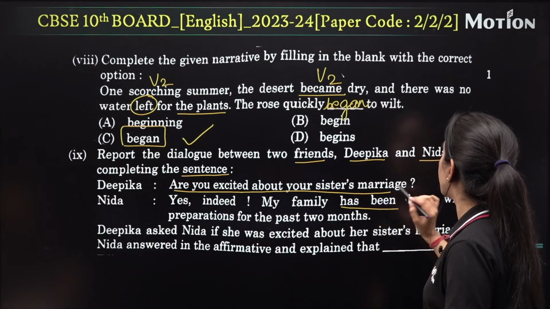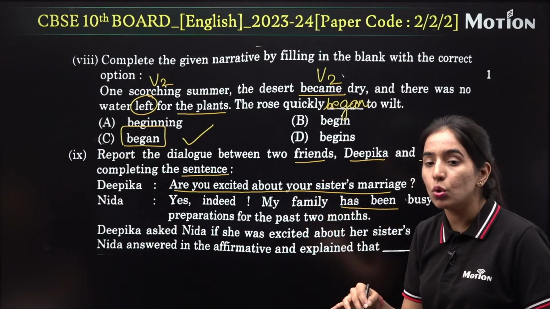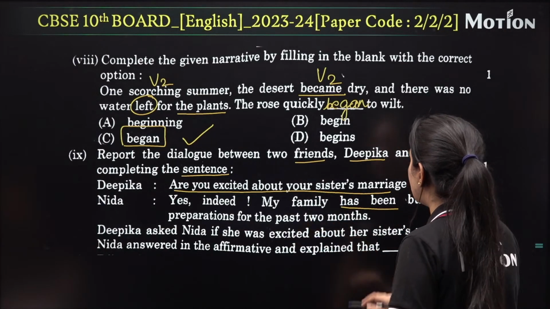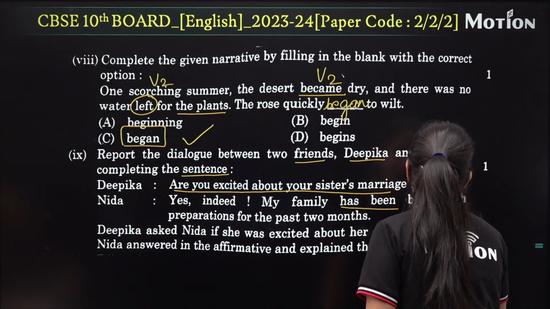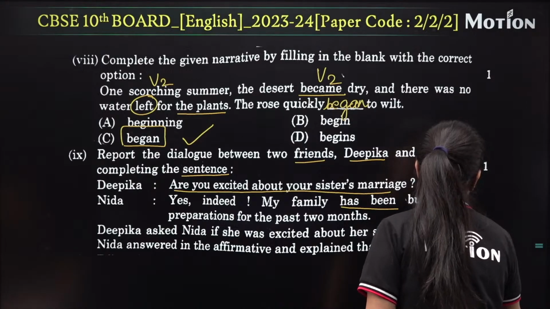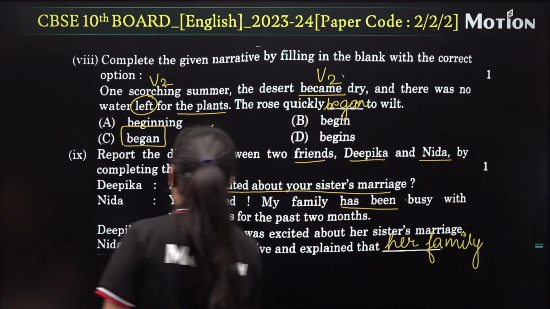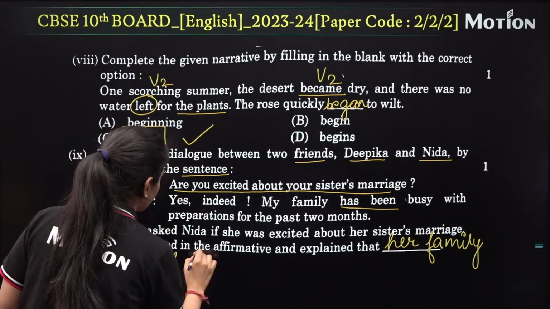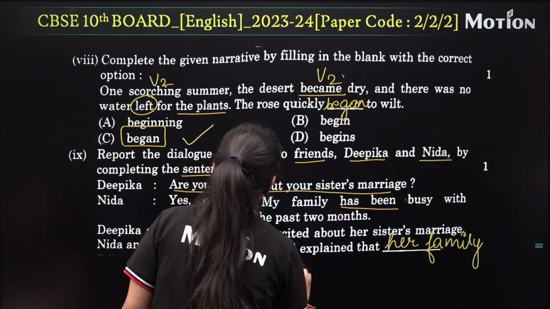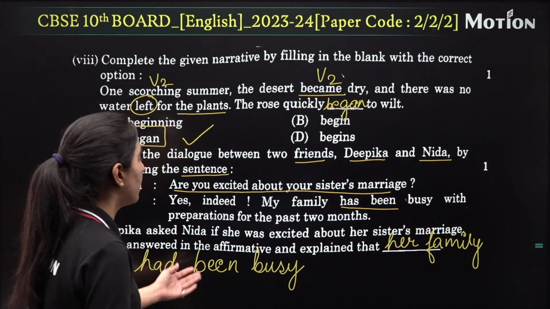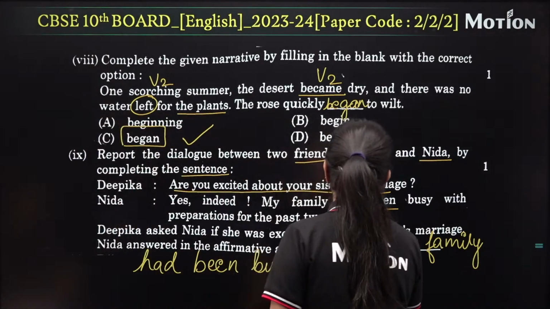So again it is present perfect. You have to change it to past perfect in the affirmative and explain that her family had been busy. Her family had been busy with preparations for the past 2 months.